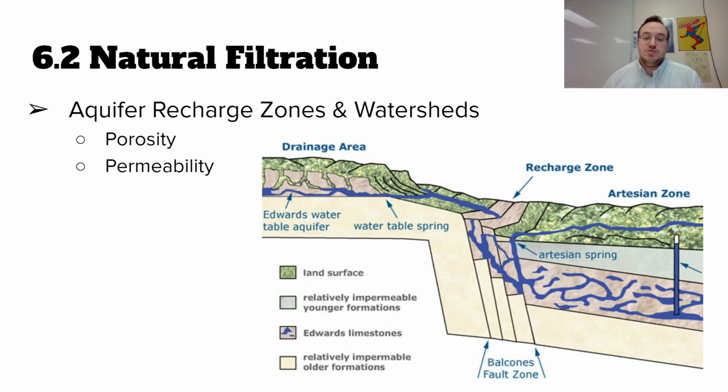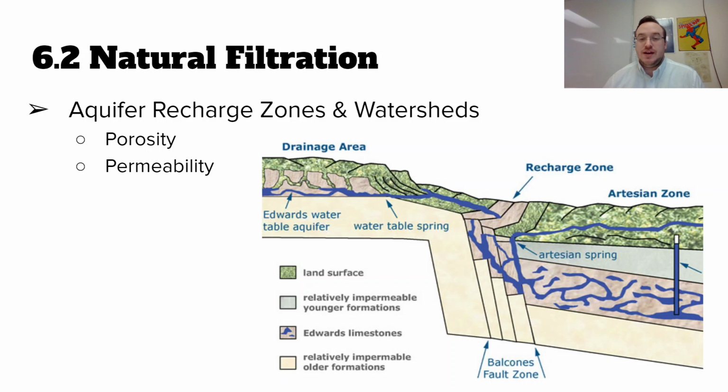So some of those pollutants are going to be able to be removed from the water and stored or fixed in the earth itself. So porosity is a measurement of the amount of water a certain amount of land can hold. And that's just based on the size of the holes or pores that dirt or rock has between it.